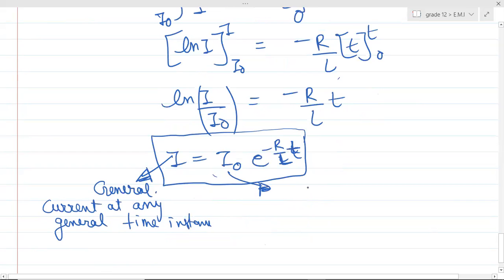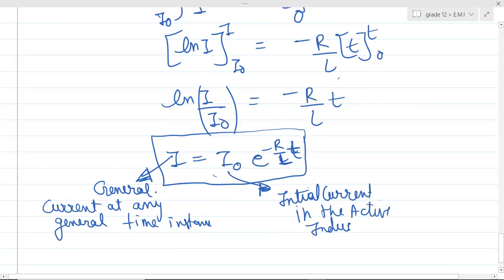The current at t equal to 0, exactly the initial current in the inductor, or basically in the active inductor. Is this clear? Please note it till here. Then we'll do the graph, and we'll do the time constant again.